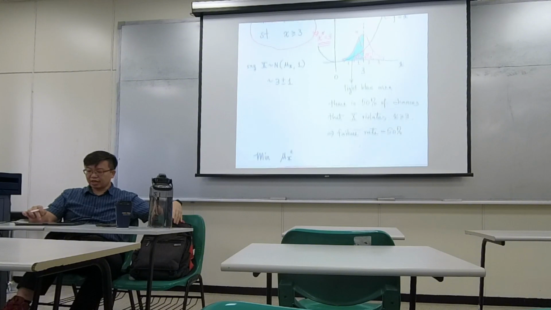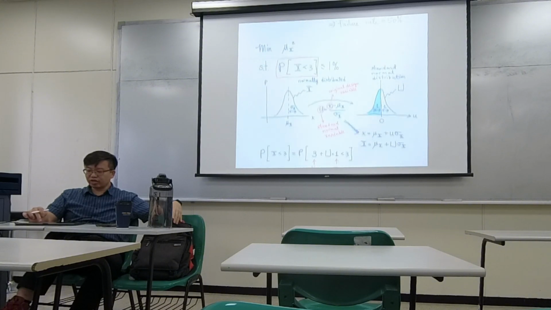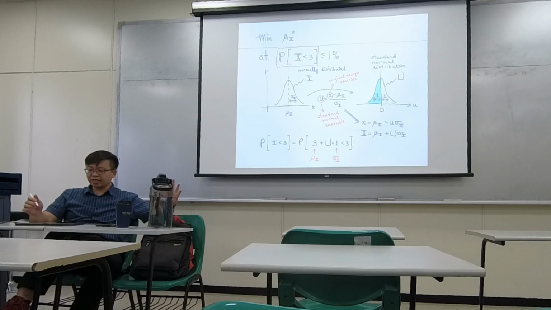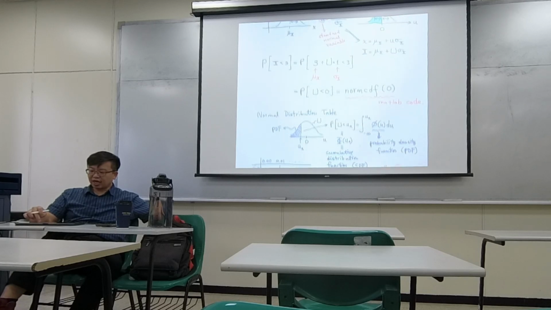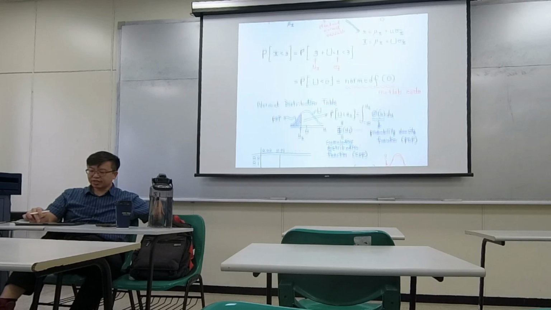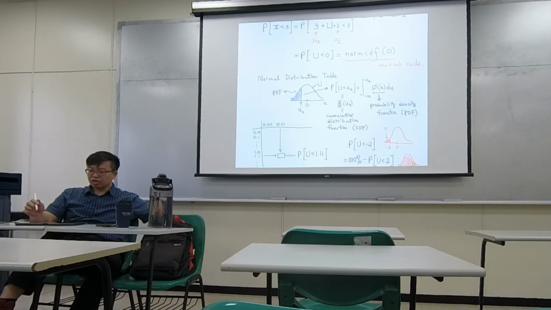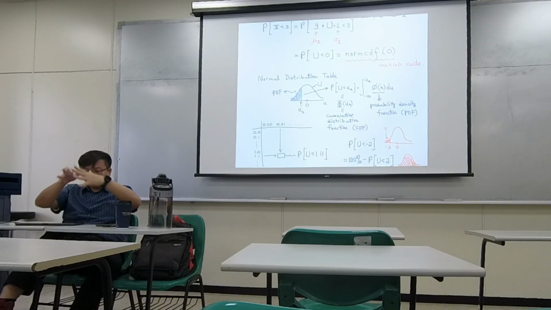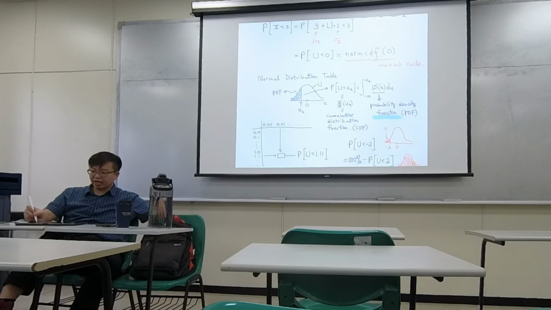And in this particular example, you realize we had this transformation to the standard normal distribution. Okay, from the normal distribution to standard normal distribution, using this particular transform. And we realize that the normal distribution can be described as a probabilistic density function.